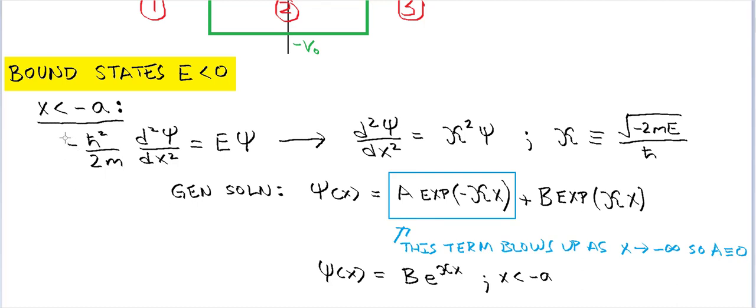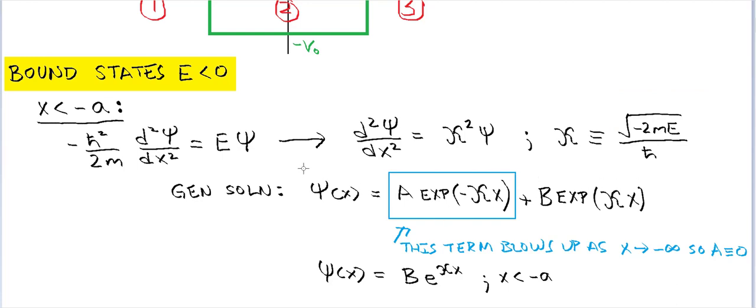And so the Schrodinger equation just becomes minus h bar squared over 2m d squared psi dx squared is equal to E times psi, which we could multiply both sides by minus 2m over h bar squared to get d squared psi dx squared is equal to kappa squared psi, where kappa was defined to be the square root of minus 2mE, divided by h bar, right? Same difference.